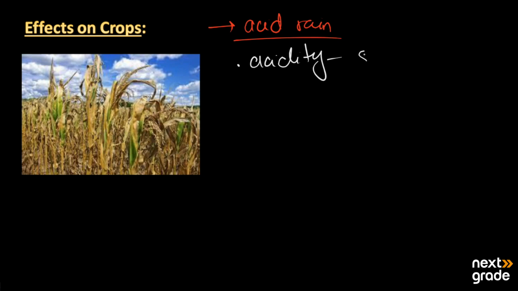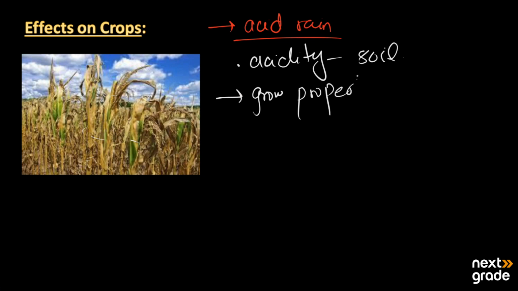After that, we have its effect on the crops. How does acid rain affect the crops? Basically, when acid rain falls on the surface of the earth, it increases the acidity of the soil. When the acidity of soil increases, many plants and crops cannot grow properly.